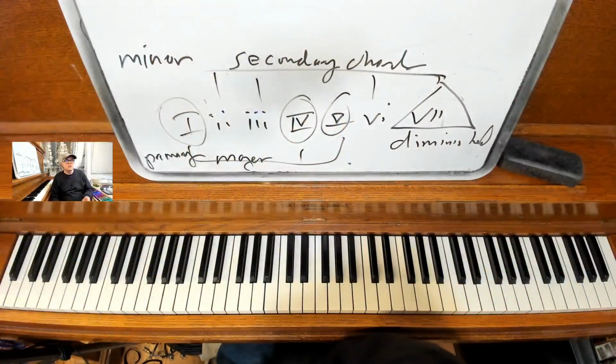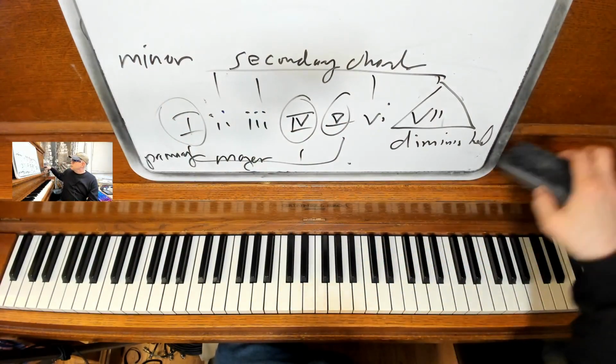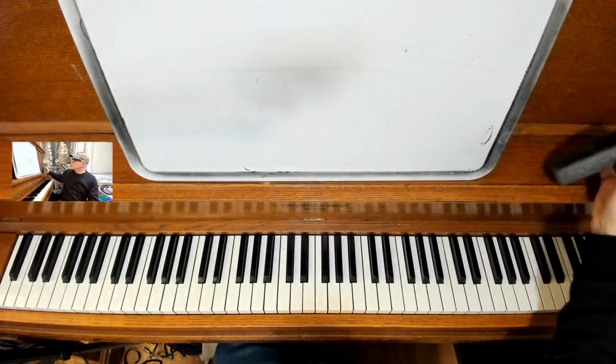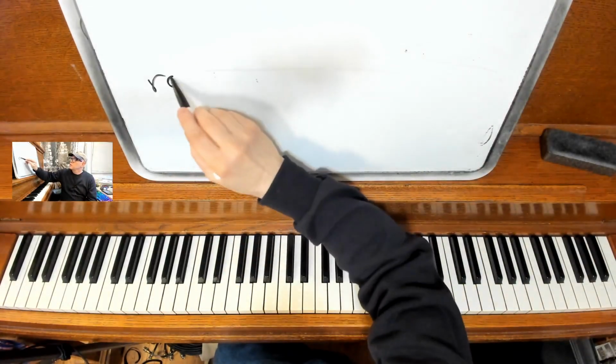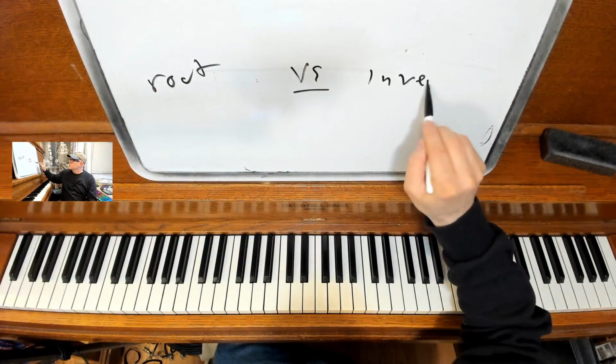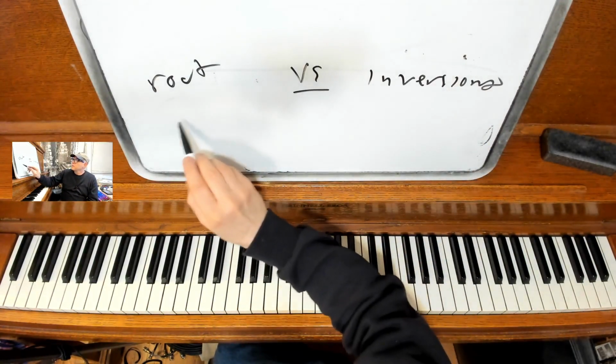And then we could take each of those chords and make inversions from those chords so that we can use them in various ways. That's root position, C, E, G. We have root position chords versus inversions.